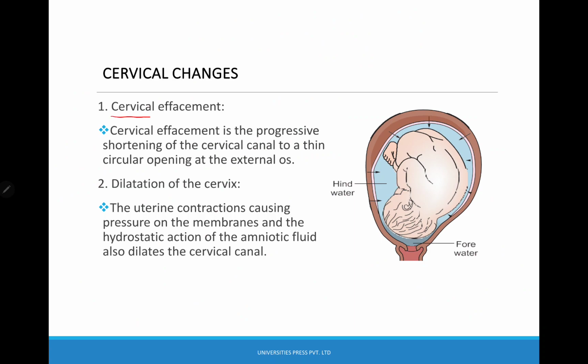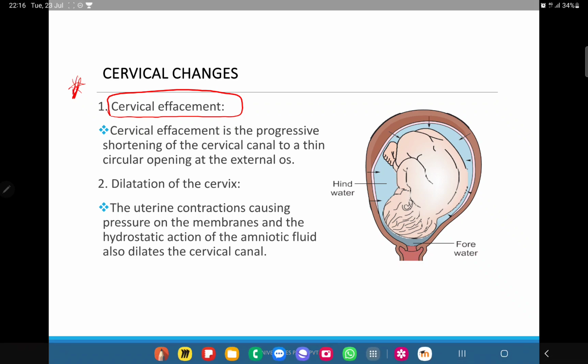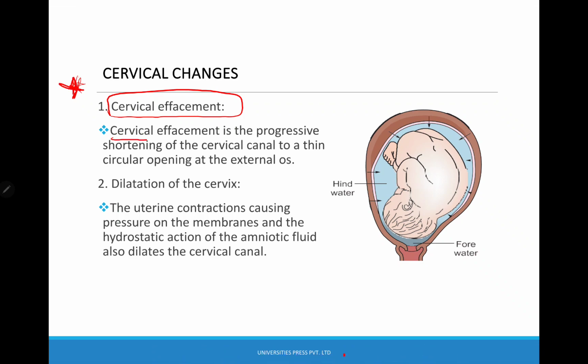Cervical changes. First, cervical effacement. So what do you mean by the term cervical effacement? Cervical effacement is the progressive shortening of the cervical canal to a thin circular opening at the external os.